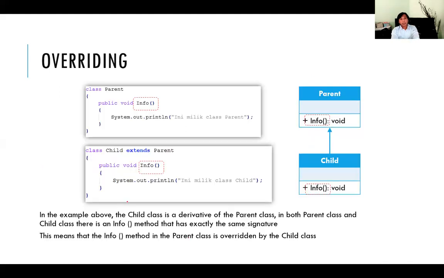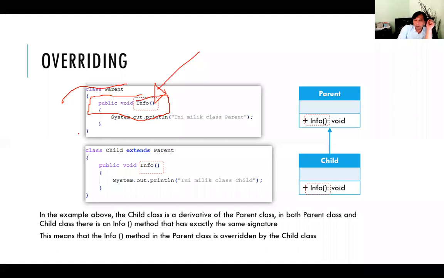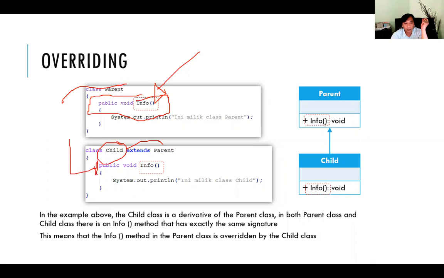And let's say we have a parent class that has an info method. As you can see, the info method doesn't have any parameters. And then to be able to apply an overriding method, you have to create a child class that extends the parent class. It also has to have the same method name and the same parameters.